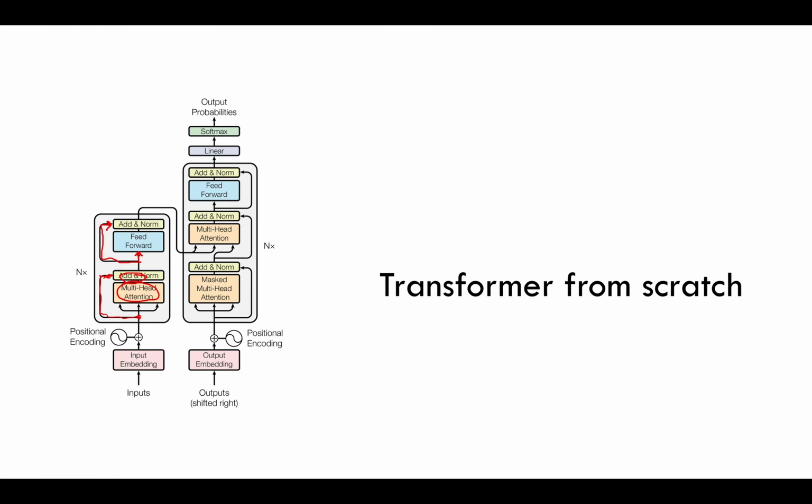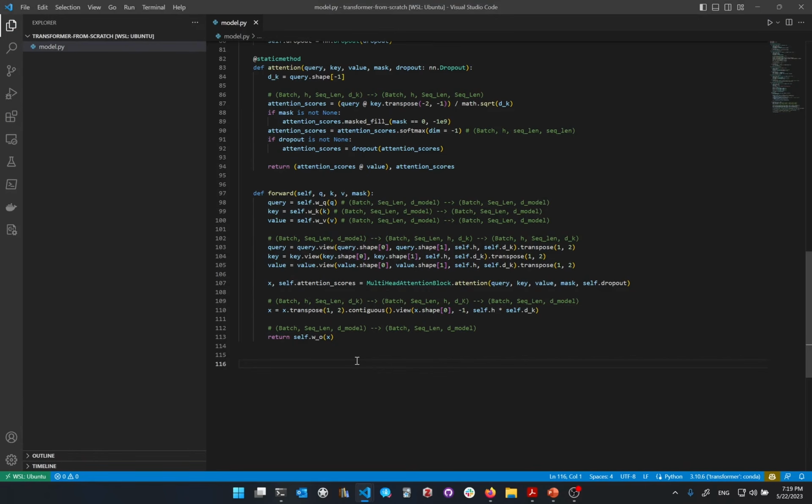I will call it a residual connection because it's basically a skip connection. Okay, let's build this residual connection. As usual, we define the constructor, and in this case we just need a dropout.